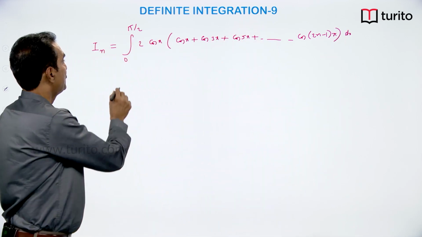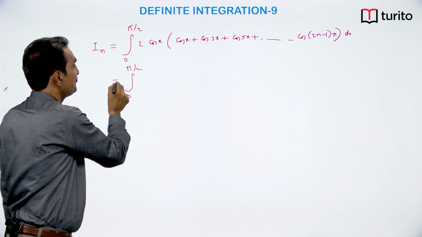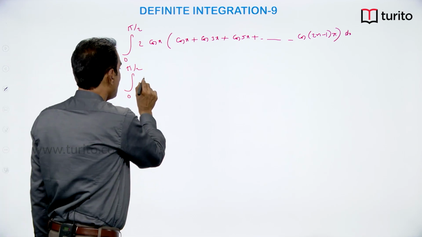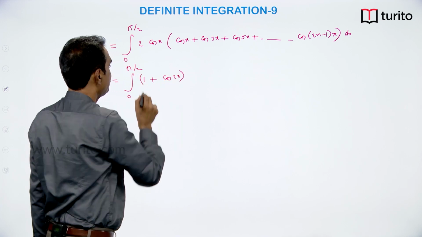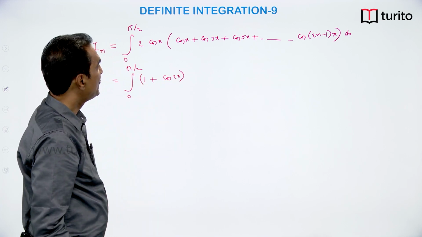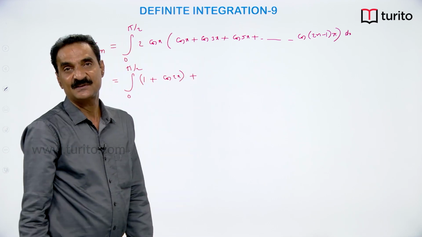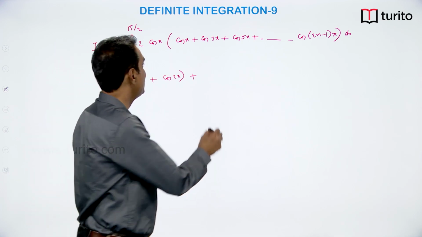Then multiplying by 2 cos x, 2 cos square x will be 1 plus cos 2x. Okay. Next is 2 cos x cos 3x. 2 cos a cos b is cos of a plus b plus cos of a minus b.